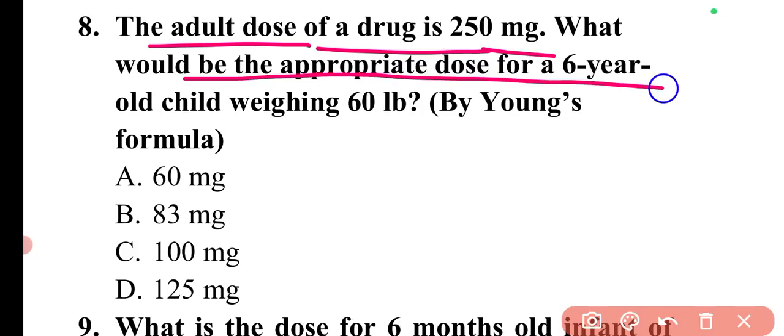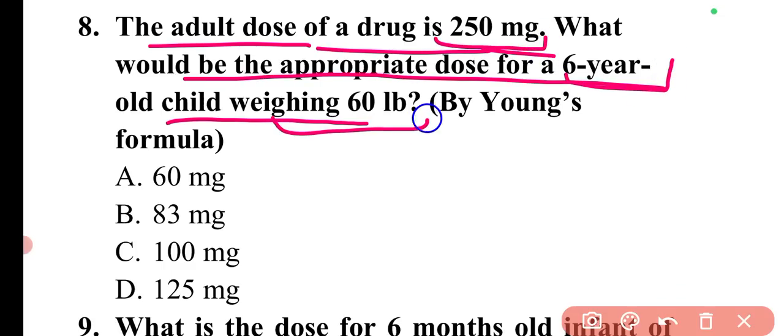What would be the appropriate dose for a 6-year-old child weighing 60 lb? So here we have adult dose, we have age in years, we have weight in lbs. So we can find out the child dose from age also and from weight also.